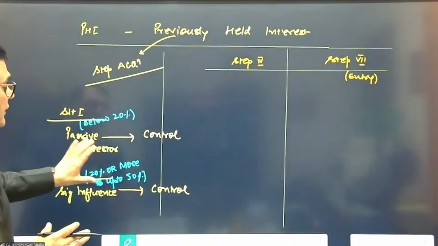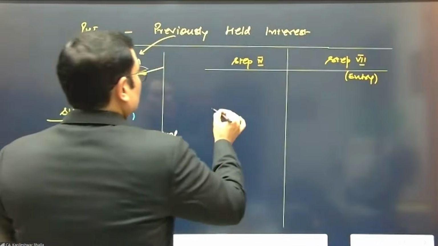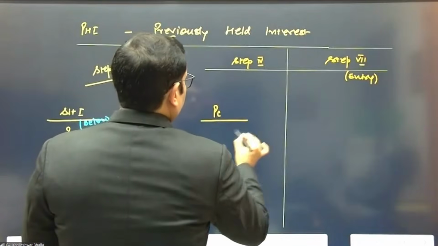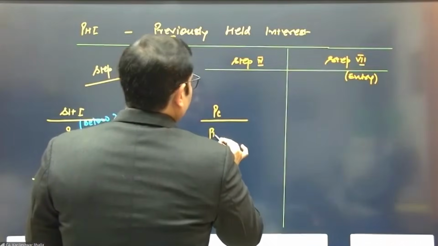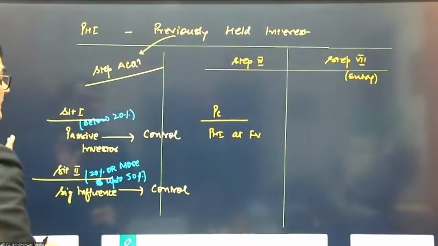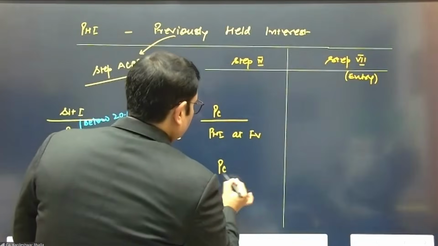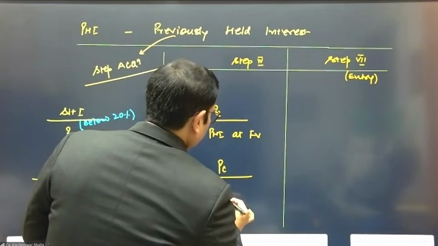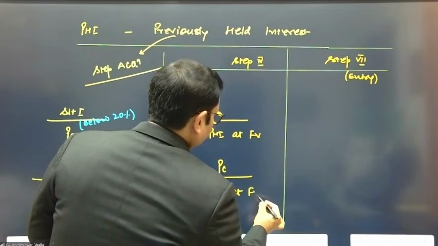When it is a case of passive investment to control, in the purchase consideration we will take the PHI at fair value. Even in the second case, as a part of the PC, we will take the PHI at fair value.